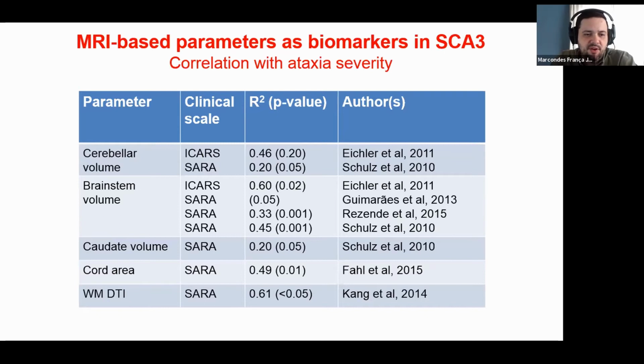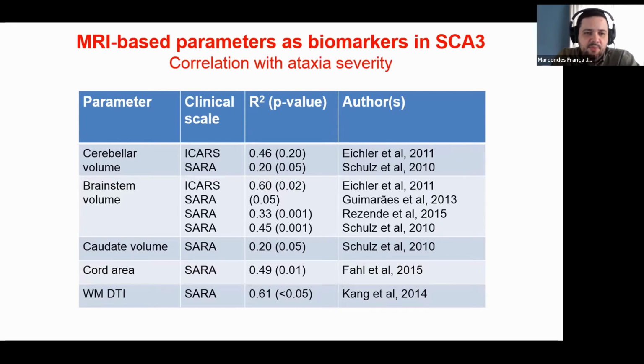So cerebral volume, brainstem volume, the volume of some of the basal ganglia, namely the caudate nuclei, the cord area, as you saw previously, and also some DTI parameters. These are all initial results that point to the potential usefulness of imaging as an interesting area to be investigated as a source of potential biomarkers.